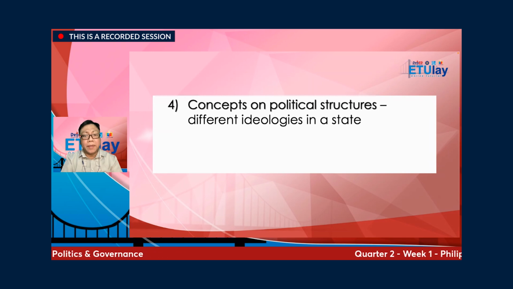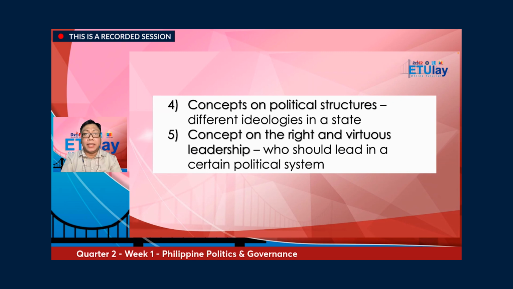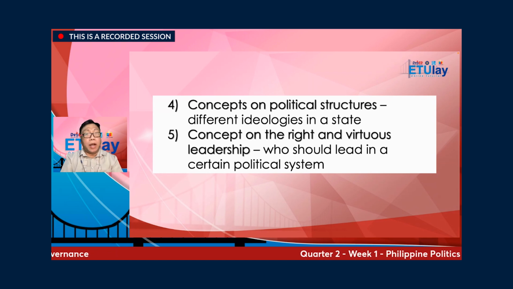And that is part of the politics. And fifth, the concept on the right and virtuous leadership. That is, who should lead in a certain political system, may it be a president, a king or queen, or a prime minister, or a premier. This is those who are elected and lead the people in a state.